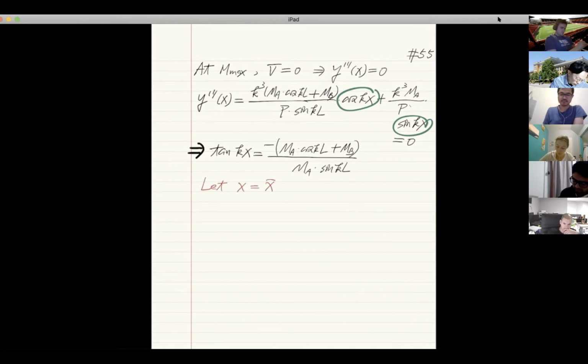That means this is where the maximum moment occurs, when M equals M at x bar. So this is the condition we set, and we're going to put a bar on top of this x. By evaluating the location of this x, we can determine the location of the maximum moment.